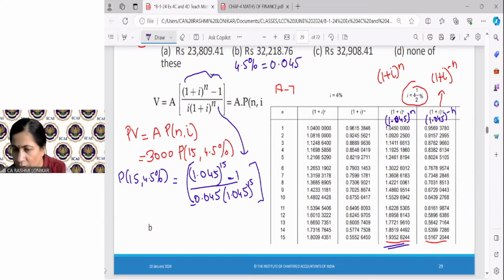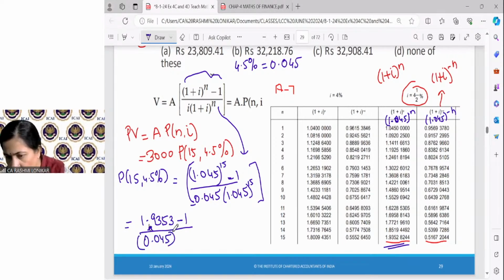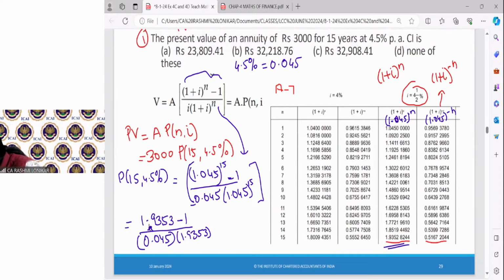So this will be equal to 1.9353 minus 1 upon 0.045 into 1.9353. Okay, how much is this coming to? Let's see.